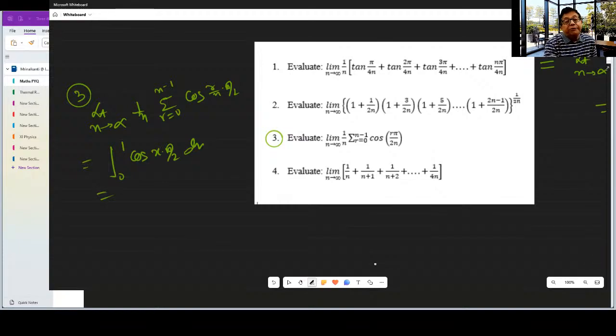What is the value here? If you integrate cos pi x by 2, that will be sin pi x by 2, divided by pi by 2, means 2 by pi, 0 to 1. 2 by pi, 0 to 1.